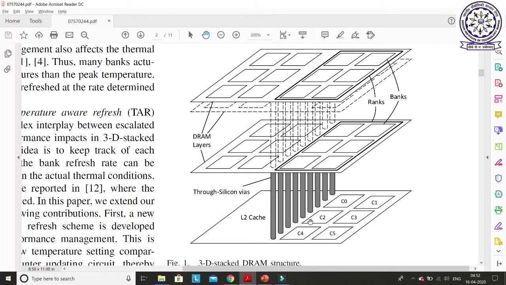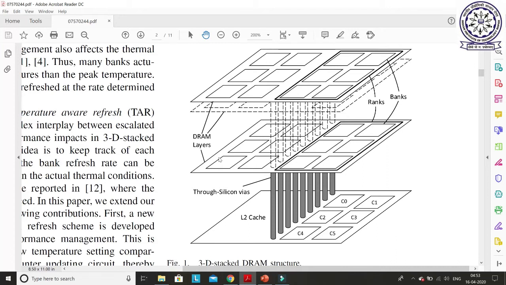So the DRAM layer which is very close to this execution layer will produce more temperature compared to the other layers. Also, this DRAM layer is an intermediate layer, so there is a problem with heat dissipation, as well as this layer being very close to the execution layer. So the temperature issue in 3D stack DRAM is greater compared to normal DRAM memory.